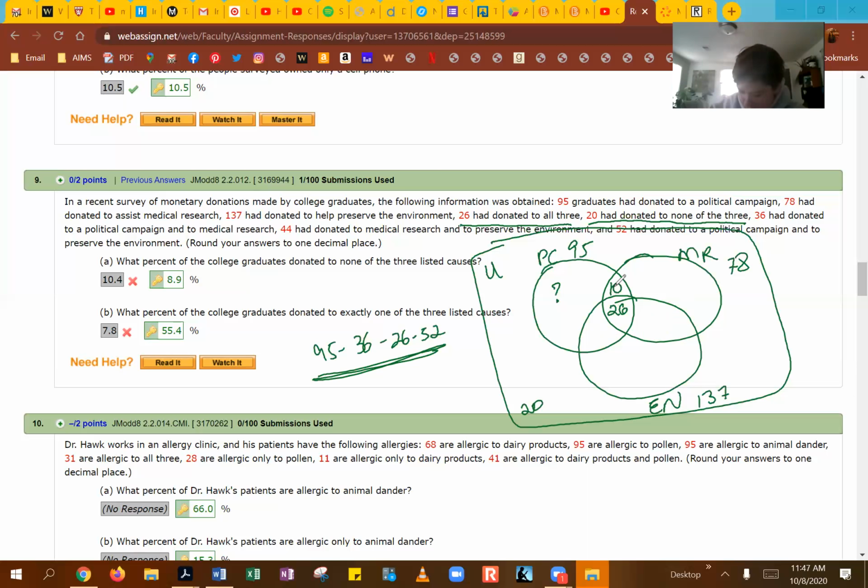From the 44, you are subtracting 26, so you should only have 18 between medical and environment. And then from the 52, you should only have 26 left behind with the political and environment. Now see if your calculations give you a better answer. Okay, thank you. You're welcome. So you think you can take it forward from here? Yeah. Alrighty.